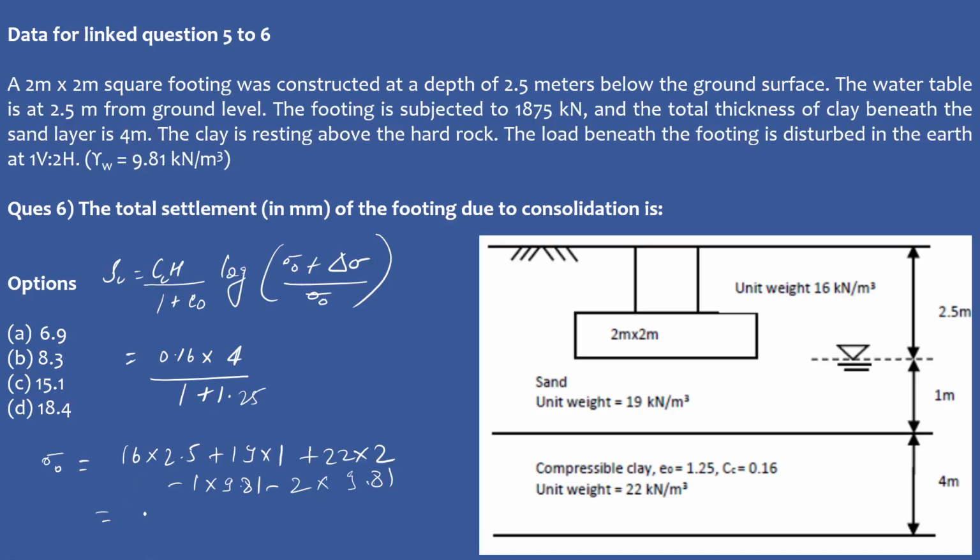So your sigma naught is none other than 73.51 kPa.